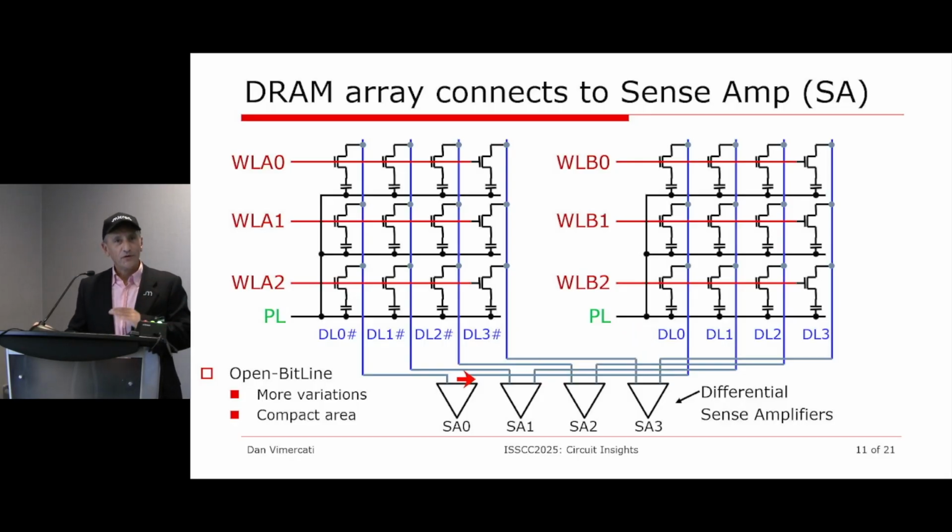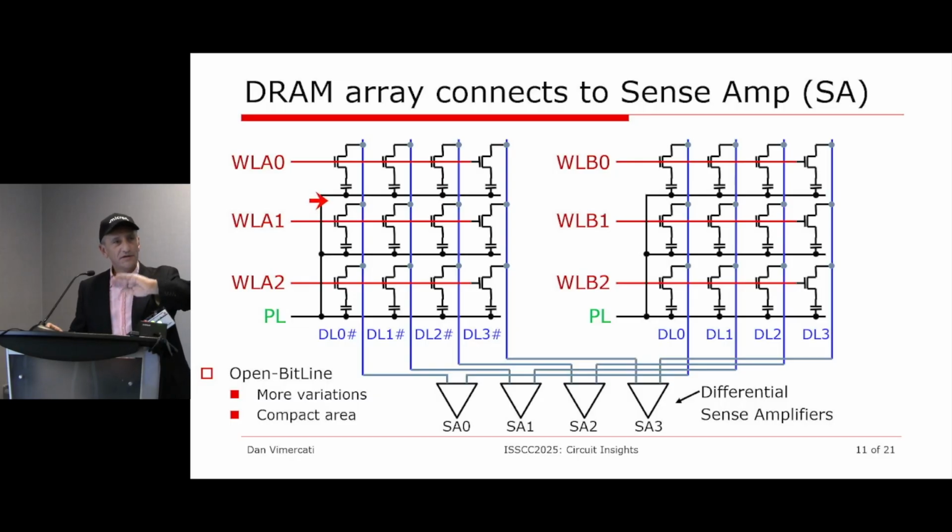And this configuration is called open bit line, because this is not actually true. One array is on top of the other, and the bit lines are continuous, but this is just a schematic. Since they are not in exactly the same position, as you saw in the previous talk, there could be some variabilities due to non-locality.